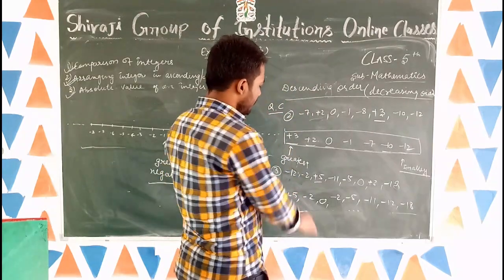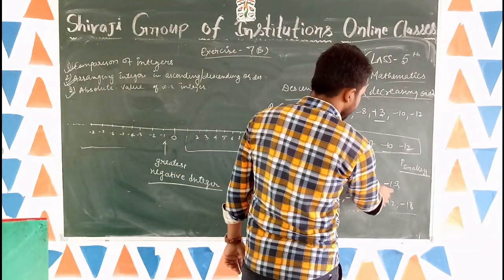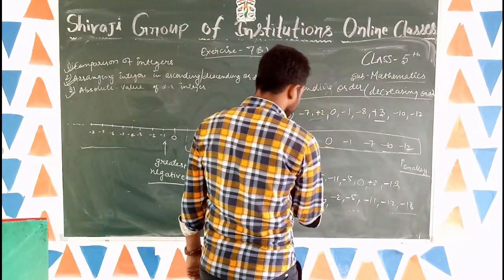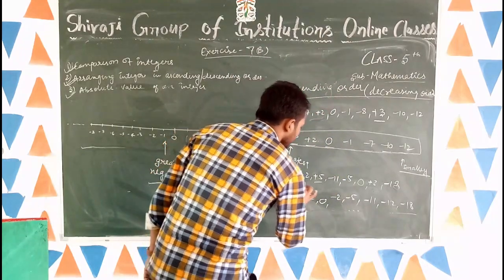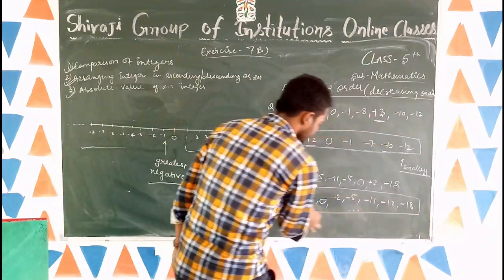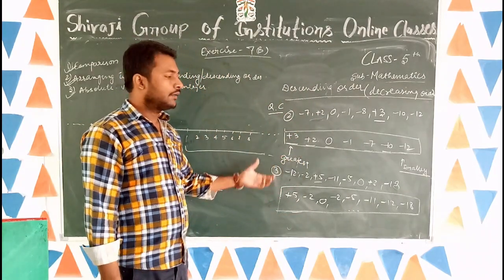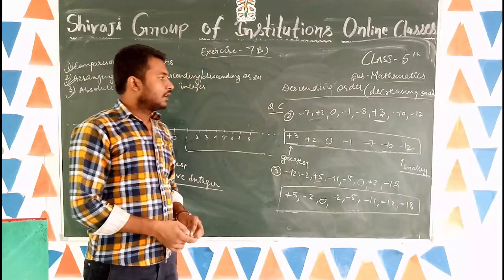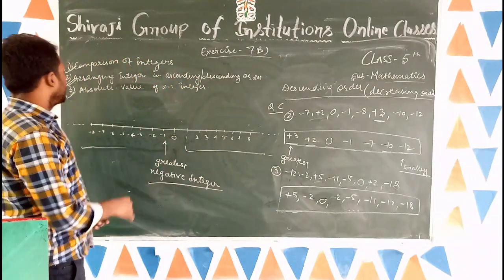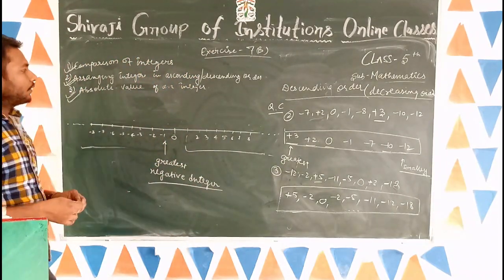Okay students, 1, 2, 3, 4, 5, 6, 7, 8. So students, this is the required series which is in descending order. Okay students, the remaining 2 questions you have to do by yourself. So now we are going to understand the concept of absolute value.